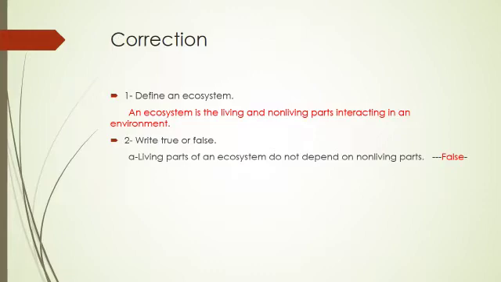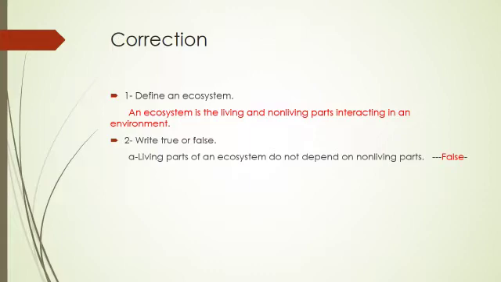Also, the living parts depend on other living parts. Like some animals use plants for shelter. Animals are living things. Plants are living things, so they depend on one another. The meaning of the word shelter is a safe place to live and grow.